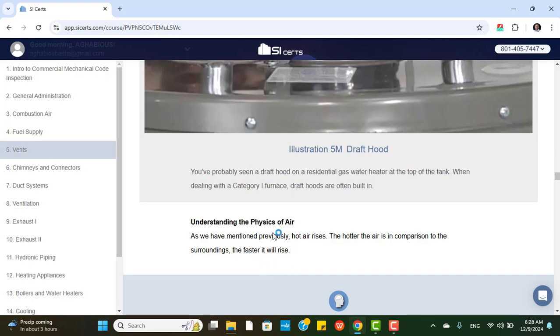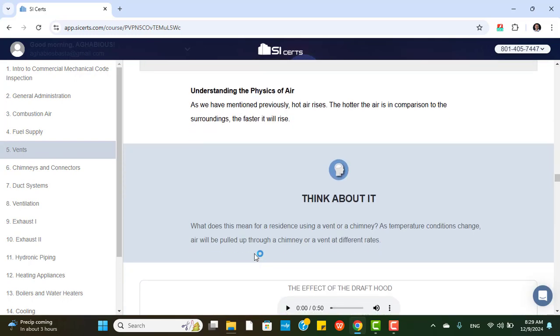Understanding the physics of air. As we have mentioned previously, hot air rises. The hotter the air is in comparison to the surroundings, the faster it will rise.